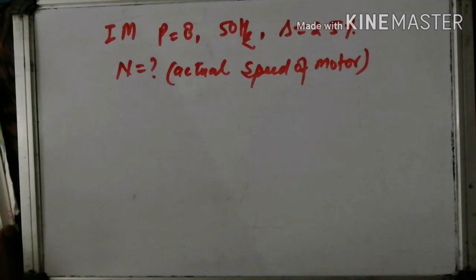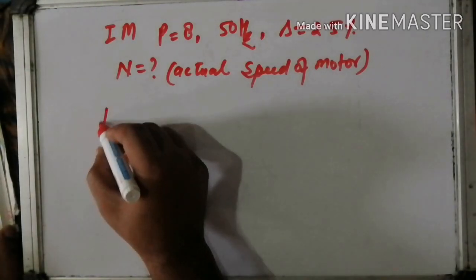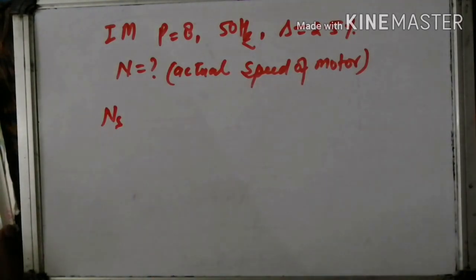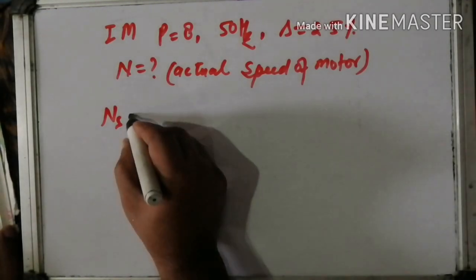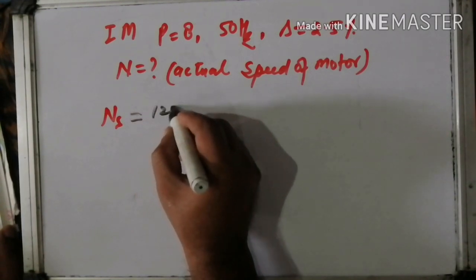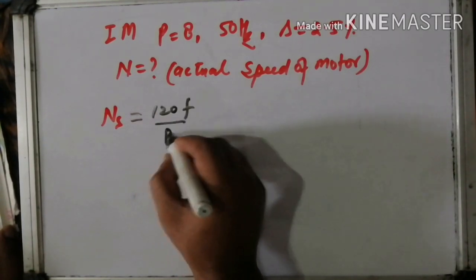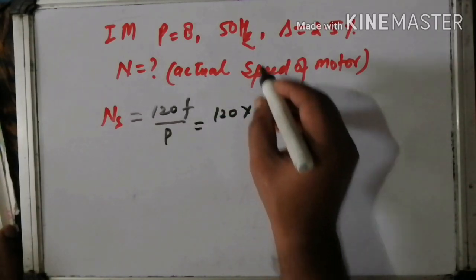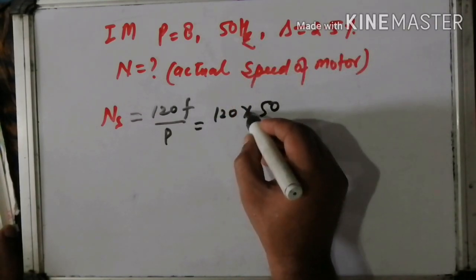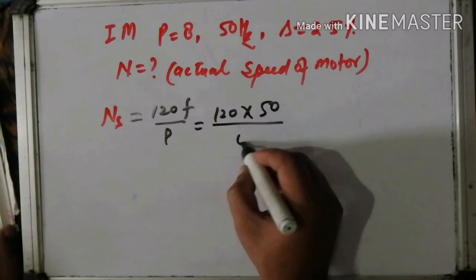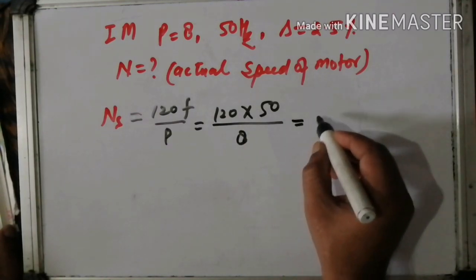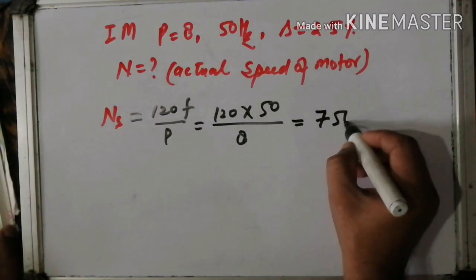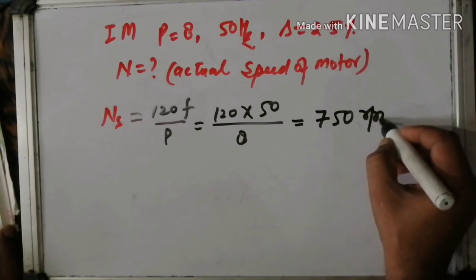First of all, I am going to calculate the synchronous speed, that is Ns = 120 F divided by P. F is the frequency, that is 50 Hz, divided by the number of poles, that is 8. After the calculation, it is 750 rpm.